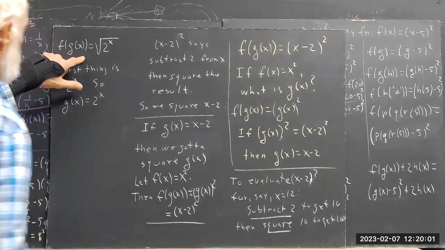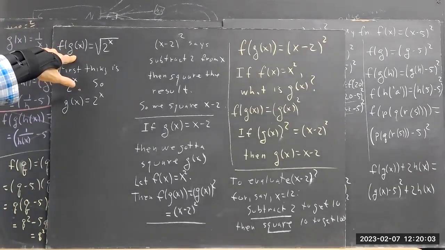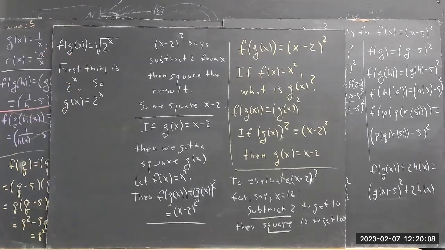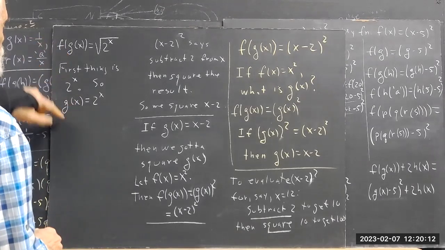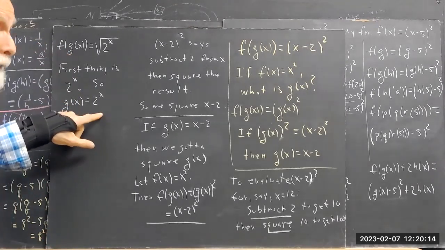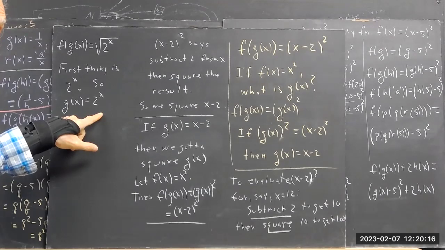Well, the first thing that happens to x here is we apply g to it, right? So the first thing is g of x, which is 2 to the x.